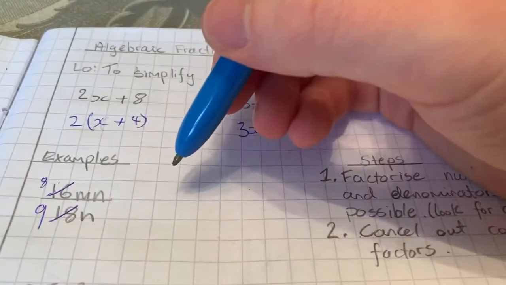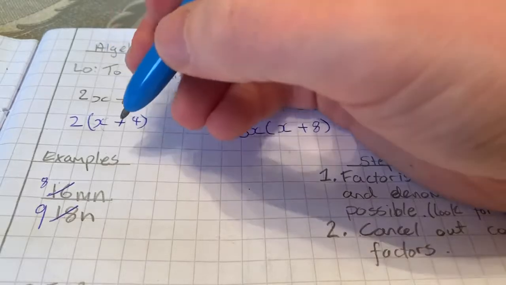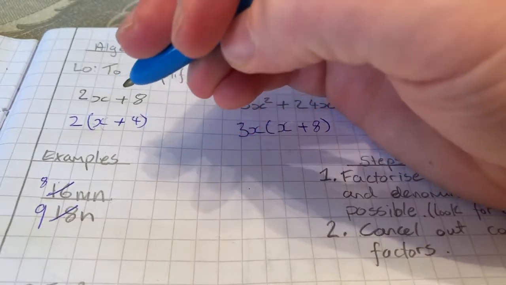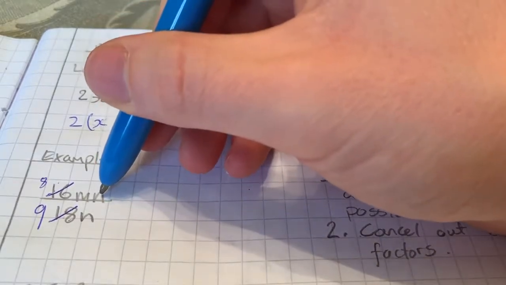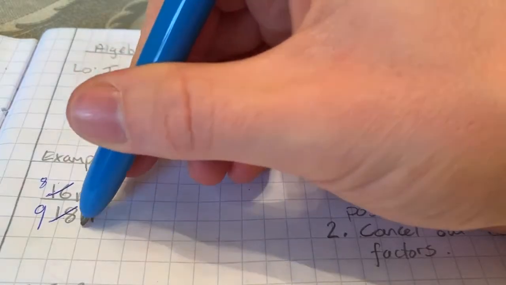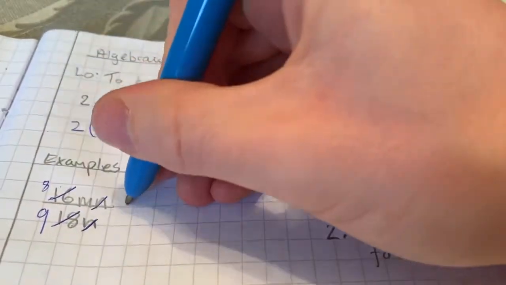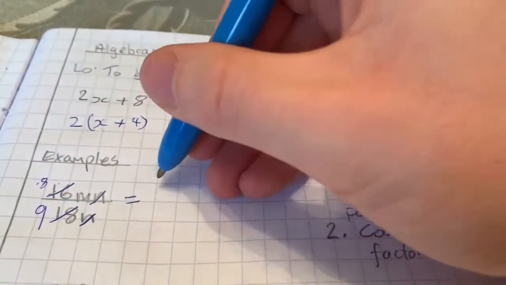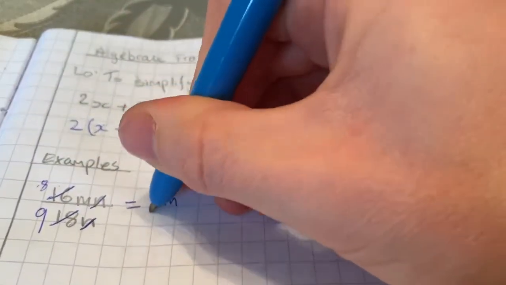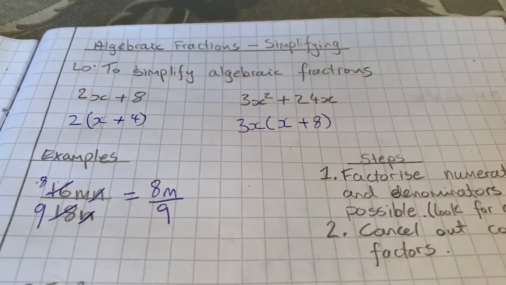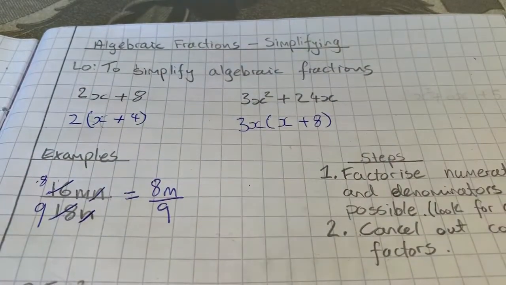And then you may remember from previously dividing algebra, dividing terms, we're dividing mn by n, that means you just cancel the n's out. So what you're left with is 8m over n. Okay, so that is the basis of it.